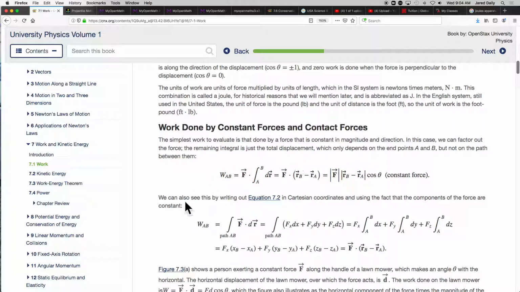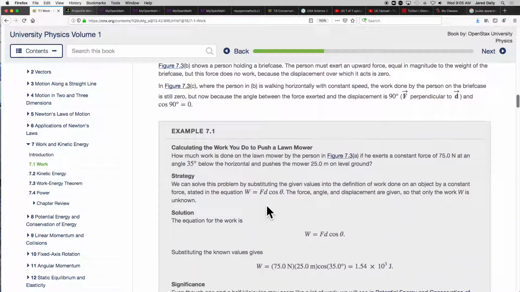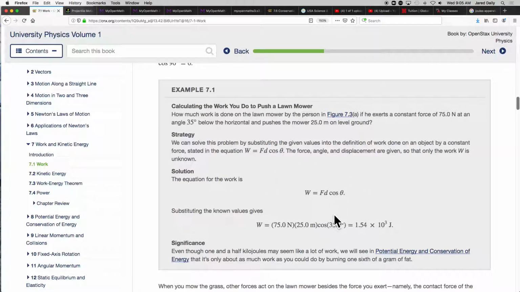We talked about the integral form of this, the calculus version of this, and we did a couple of problems with that, and then we went immediately to the algebraic form of it, because in single dimensions, which is what most situations are that we're dealing with in this class, you don't actually have to use the vector form.